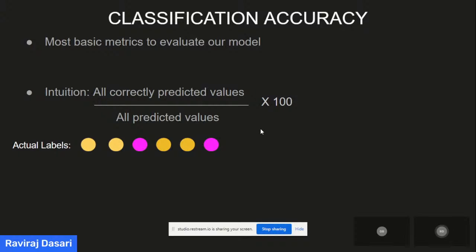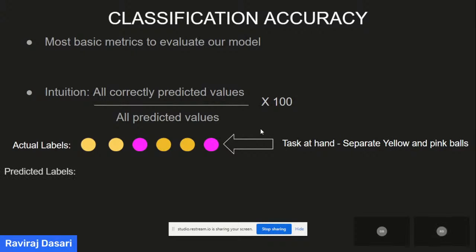Let's take a small example. These are the actual labels of the data. Here we are trying to segregate yellow balls from pink balls. There are 4 yellow balls and 2 pink balls. These are the actual labels. Imagine you have a model at hand, and that model has predicted the below labels. This one is yellow, and the model predicted it as pink.